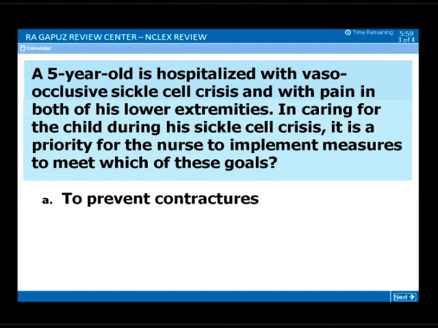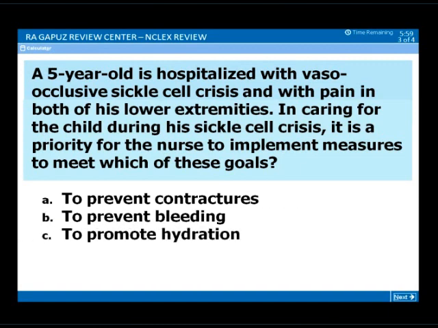A, to prevent contractures. B, to prevent bleeding. C, to promote hydration. And D, to promote nutrition. What's our functional concept again for sickle cell crisis or sickle cell anemia? You're right. That's hydration. Applying that concept to this question, you actually would choose letter C.